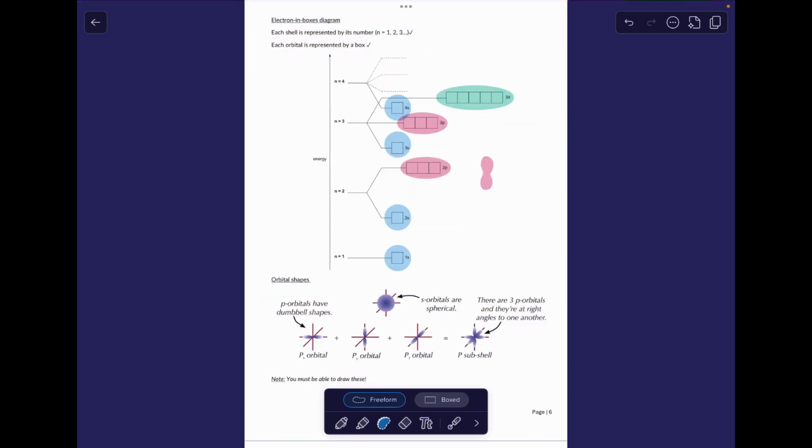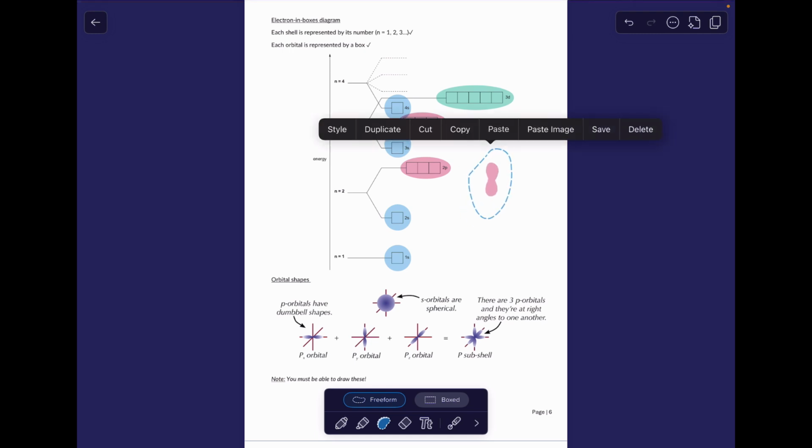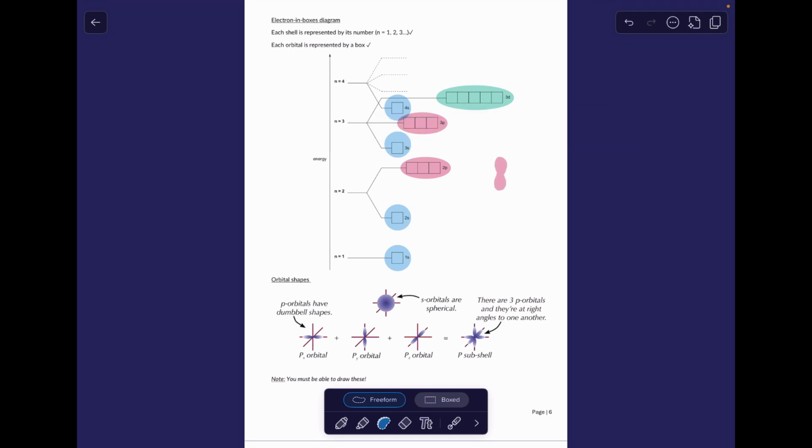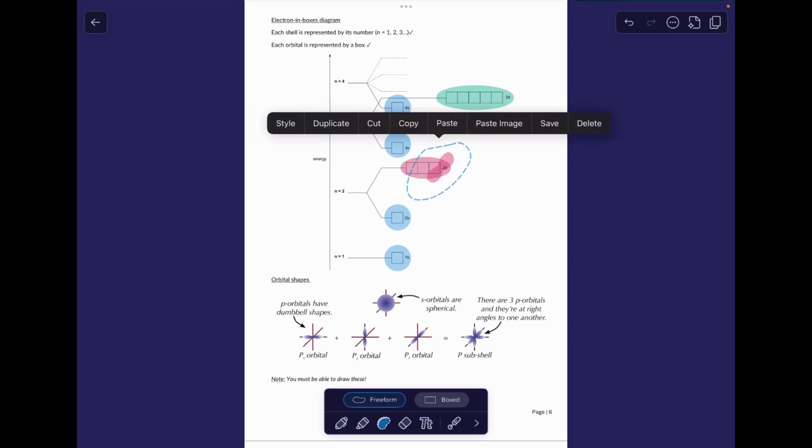Now, with p orbitals, we call these dumbbells. There's only 2 shapes that you need to know. S is spherical or sphere, and P is a dumbbell, which is this guy right here. So our p orbitals look like this. So this box would look like this one. This box would look like this one at this angle, and this box would look like this one at this angle.